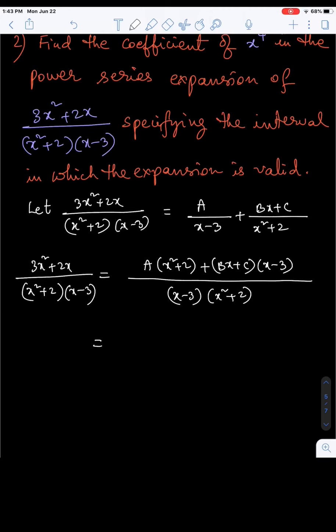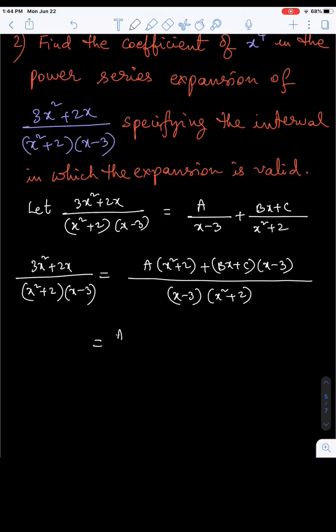Okay. Coming to the steps, I will explain the RHS part, what is what. See, in LCM, you have to take these two, and also A into this number here, plus (Bx plus C) into this number should come. Now it is time to multiply.